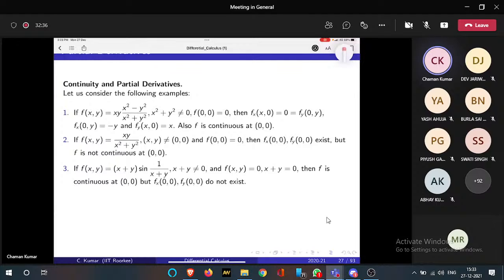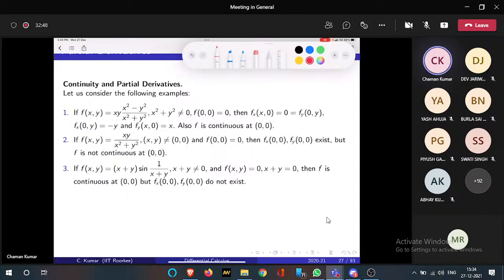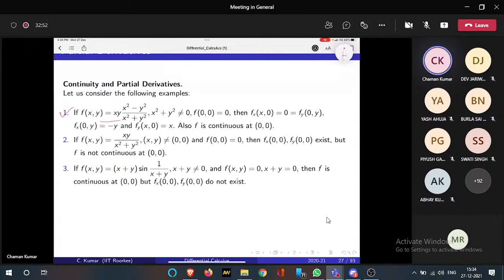Okay, so here I'm giving some examples where this is illustrated. So you have, let's say, f is equal to this one. Whenever x square plus y square is not equal to 0, f(0,0) is equal to 0.